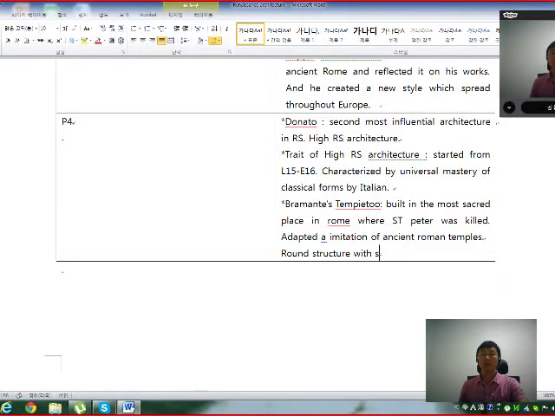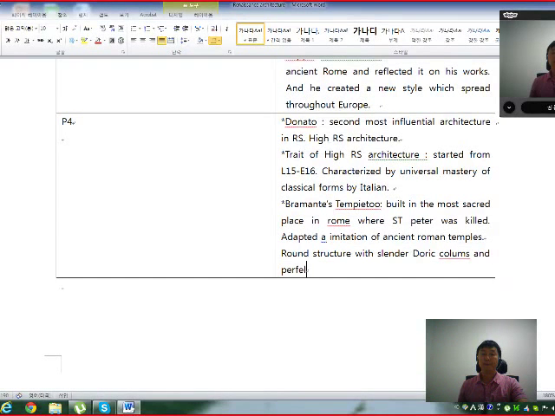So the Doric columns are important, slender Doric columns, and a perfectly proportioned dome. This is the trait of the ancient Roman style.